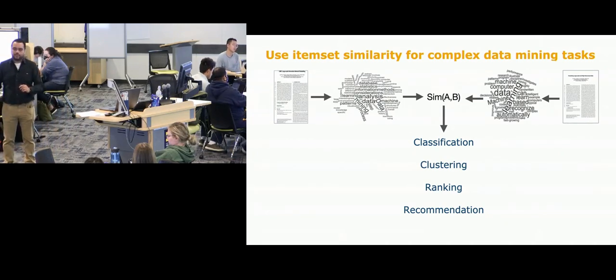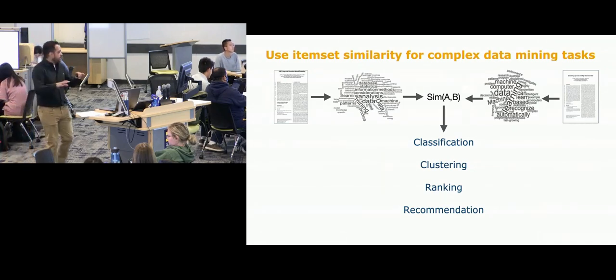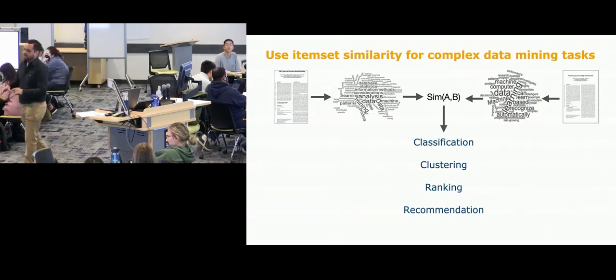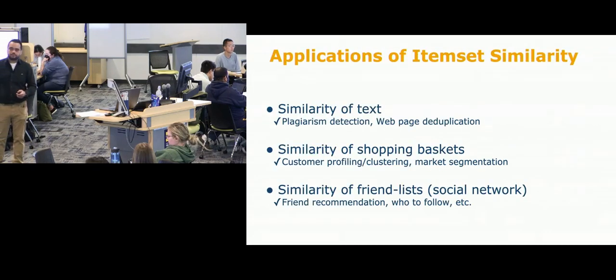So what we've seen in today's lecture are 2 different, complementary sets of approaches to look at item sets and what kind of patterns or similarities we could find between the different item sets.